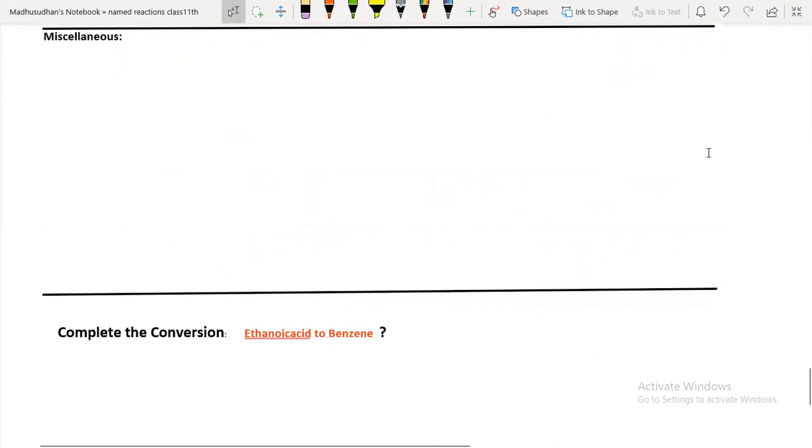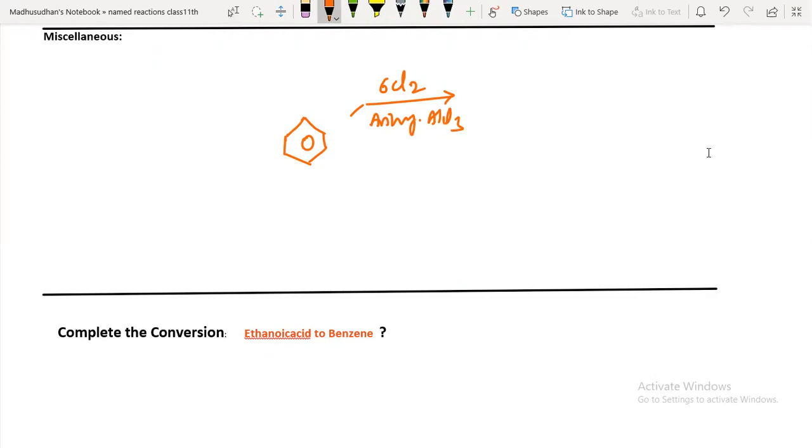Next one is some miscellaneous reactions, about benzene only. Benzene on reaction with 6 moles of chlorine in the presence of anhydrous AlCl3, and the conditions maintained are dark and cold.